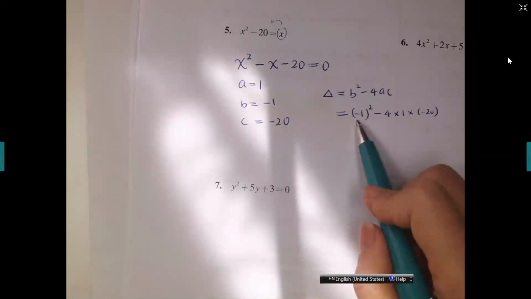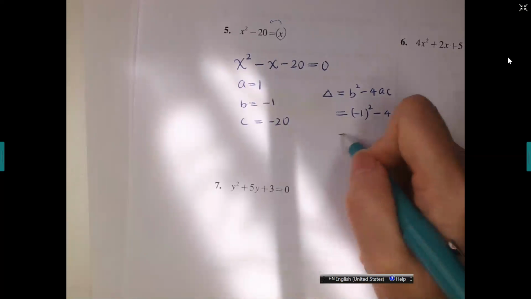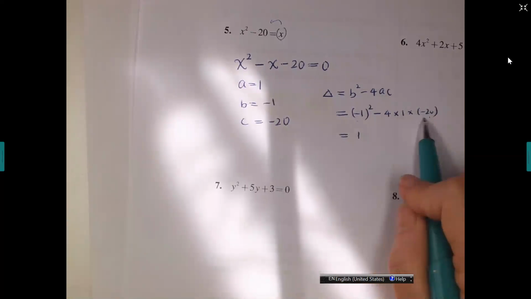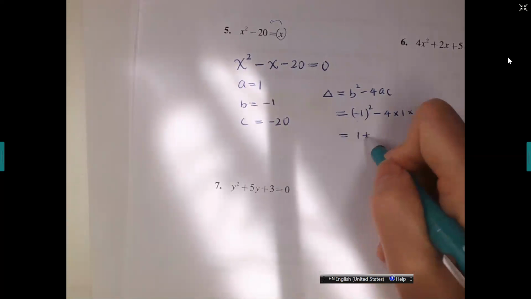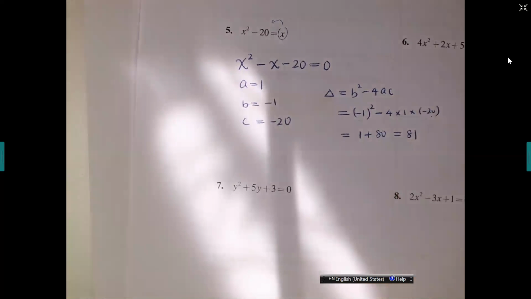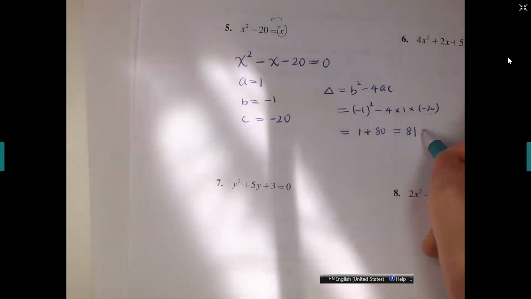So b squared minus 4ac equals 1, negative times negative turns into positive, 1 plus 80, that is 81. All right, so 81 is greater than 0. That means there are real solutions.